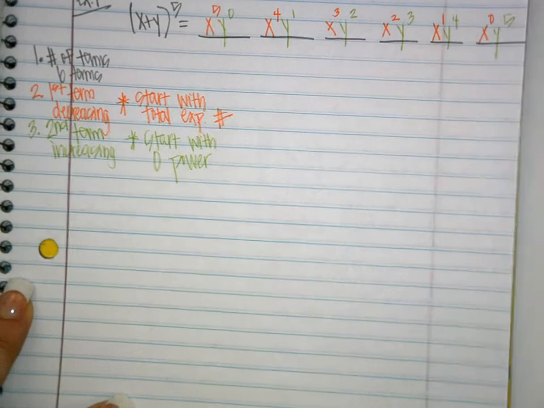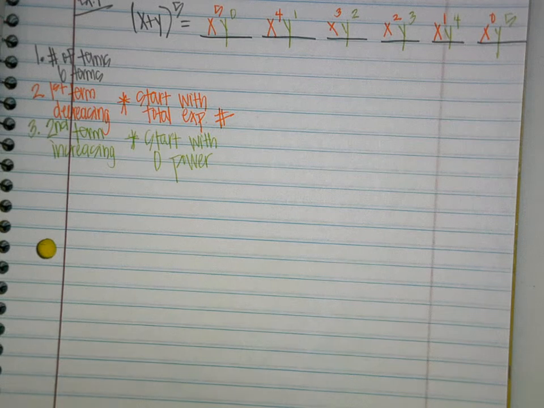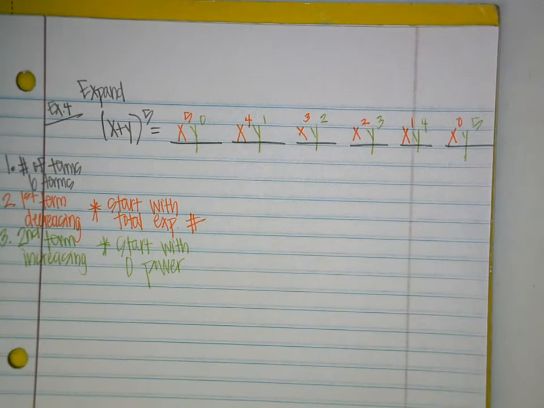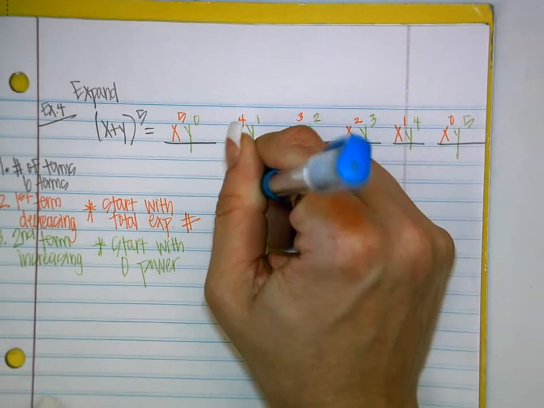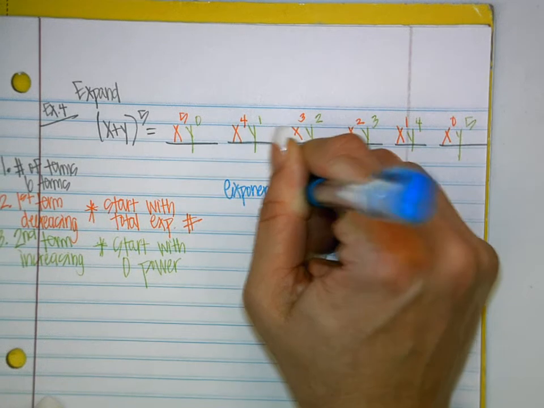Another thing that I'd like you to notice is the sum of the exponents. Okay, if you add together the two exponent numbers, exponent totals, what do you notice? They all equal 5.